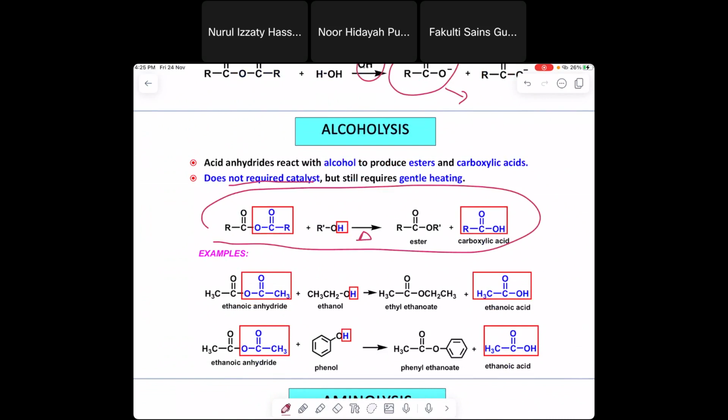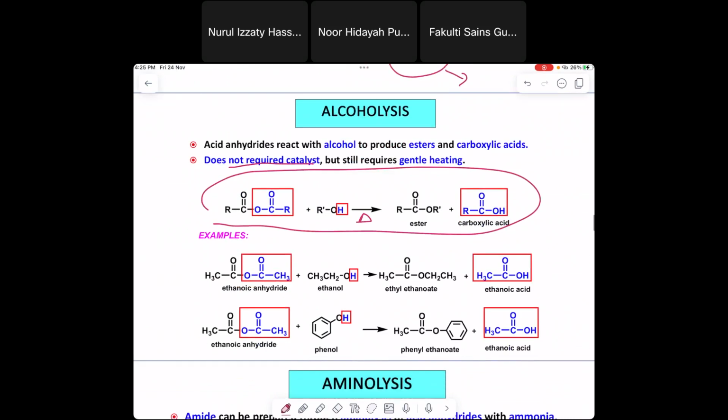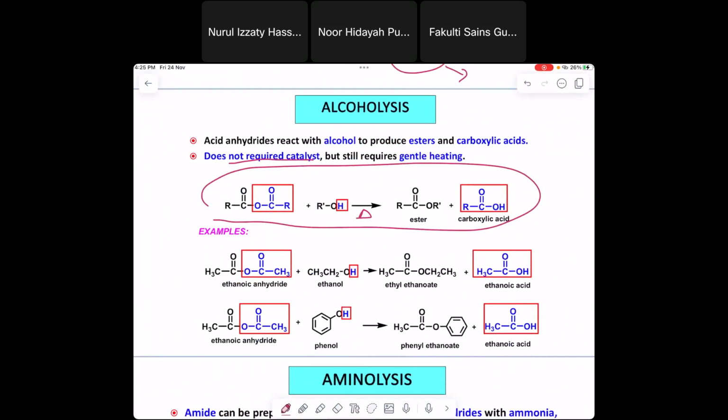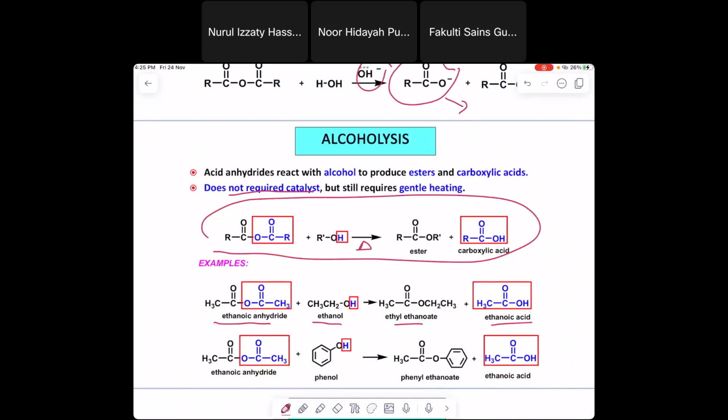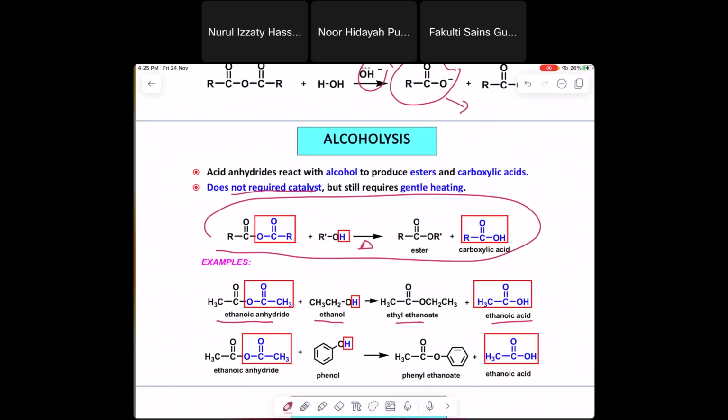Okay. Cuma ada dua cara kan. Dalam kes ni anhydride kita tak ada nama, kita kata dia is the ethanoic anhydride lah, sama reaction anhydride kena react dengan apa? Kena react untuk jadi ethyl ethanoate. So ini dapat ethanoic. So these are alcoholysis.